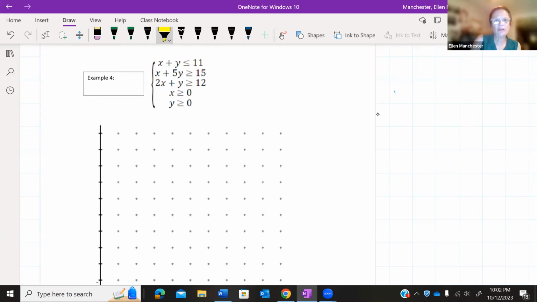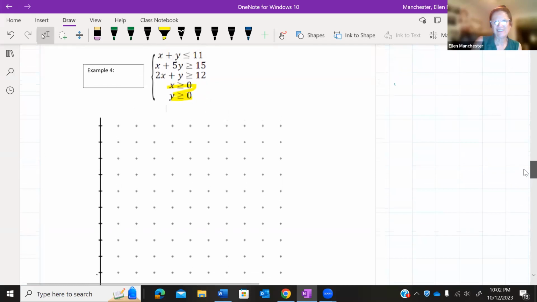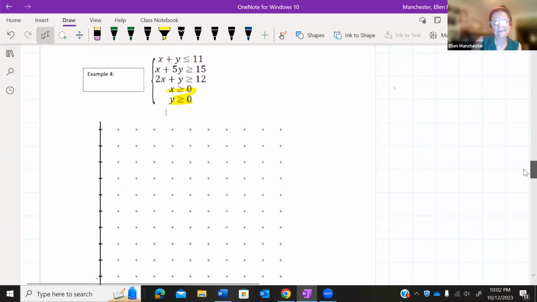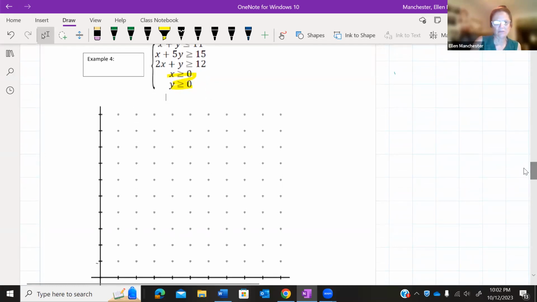First things first is I'm going to do my restrictions. I'll put my restrictions in and then I'll come back.